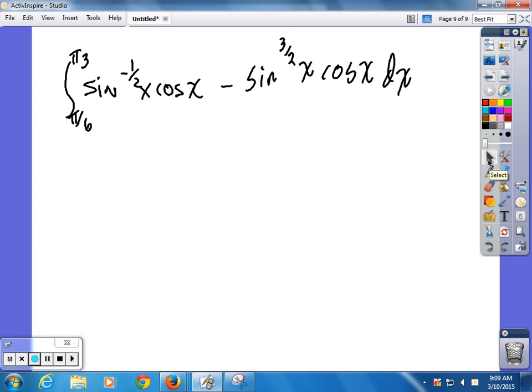Looks like to me we got it, pretty much a u-du substitution, except for the negatives. Where's my notes? There we go. Sine 3/2, cosine of x.